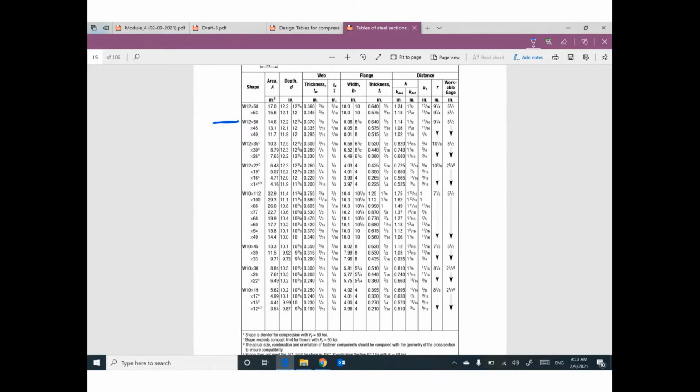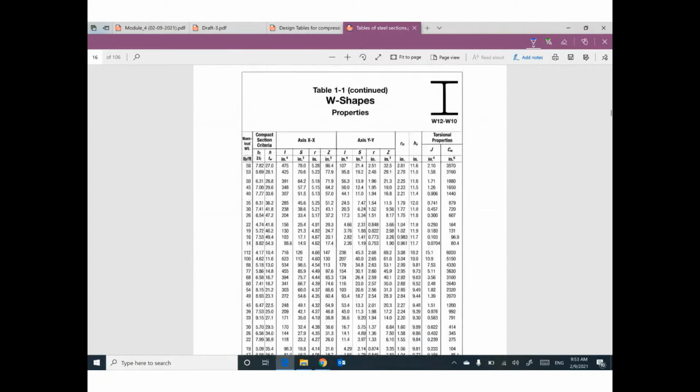From this table, I can find the dimensions of the cross section, like the depth, the thickness of the web, the thickness of the flange, the width of the flange, and also the value of Ix, the value of r_x, the value of Iy, the value of r_y.